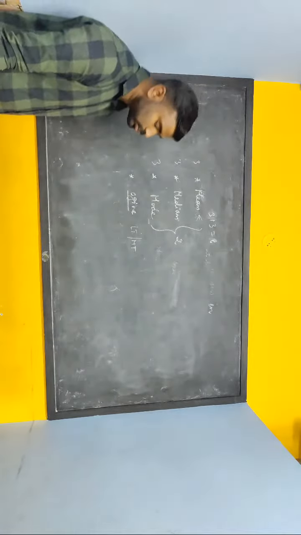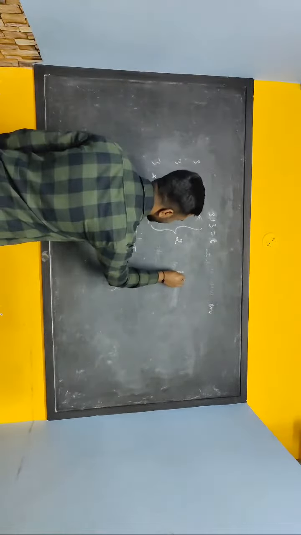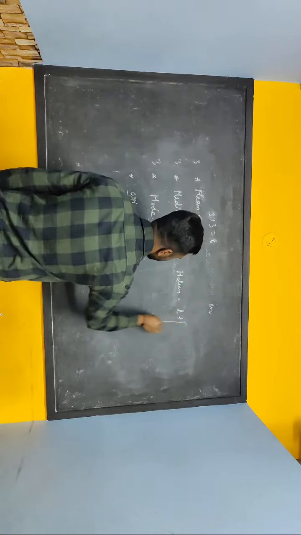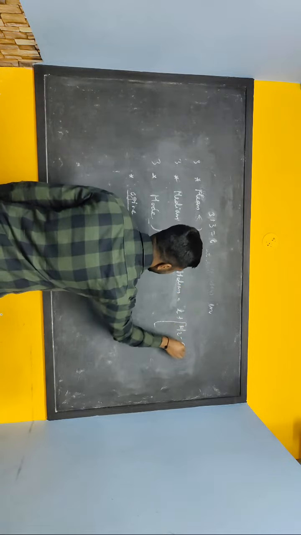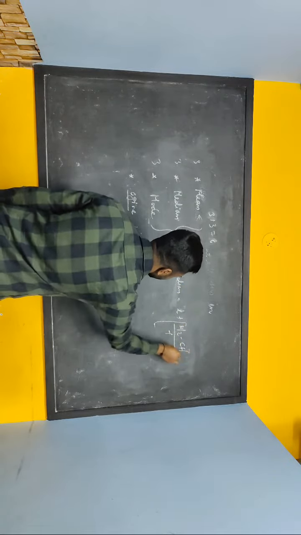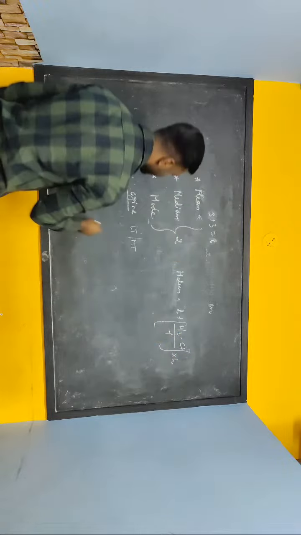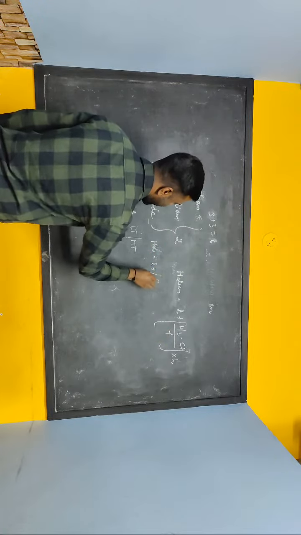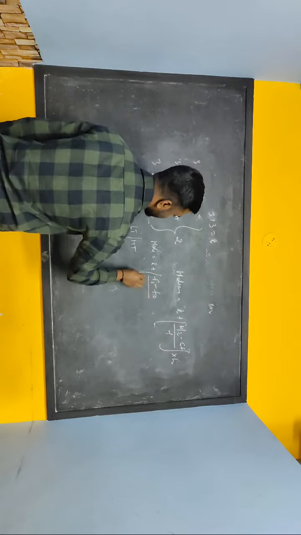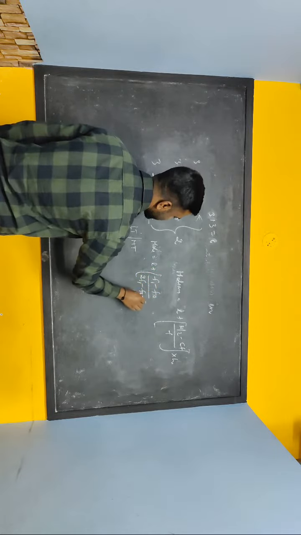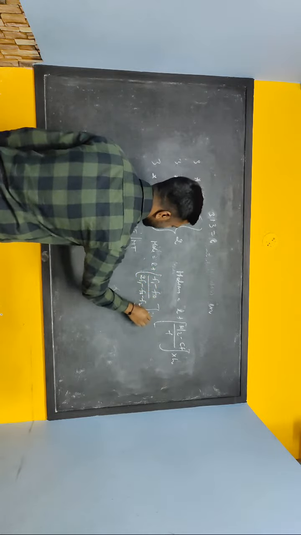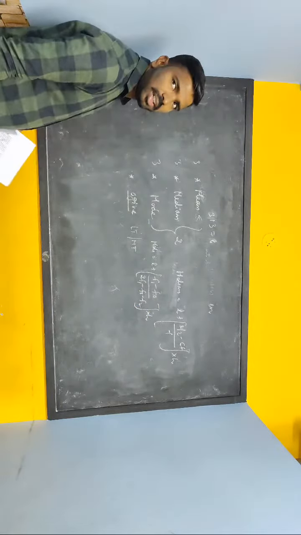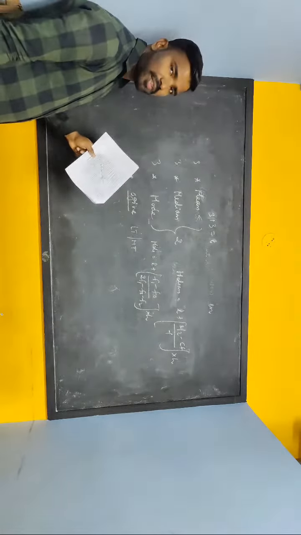Median equals L plus (n by 2 minus CF) by F into H. In the same way, mode equals L plus (F1 minus F0) by (2F1 minus F0 minus F2) into H. Based on this, you can definitely expect one 3-mark question.